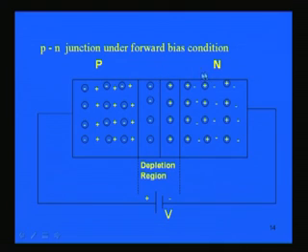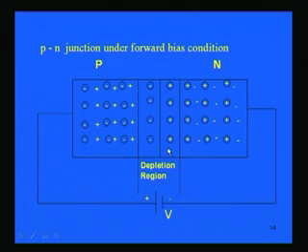If you consider it from the point of view of the built-in potential, we are now applying a voltage with plus to this side and negative to this side, and our built-in potential has positive on the N side.